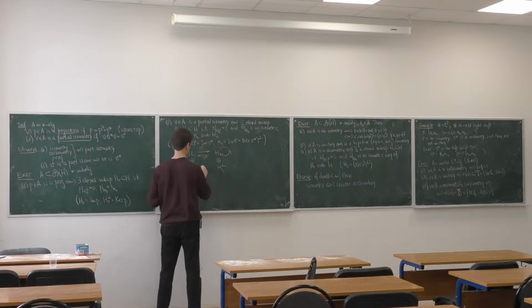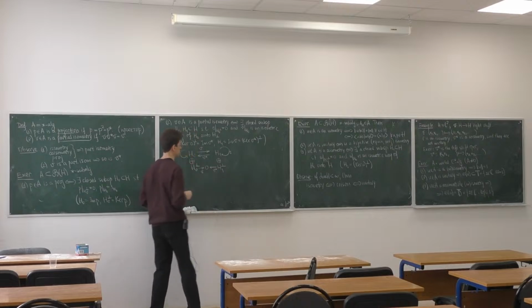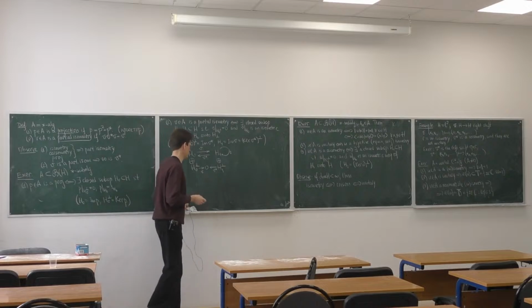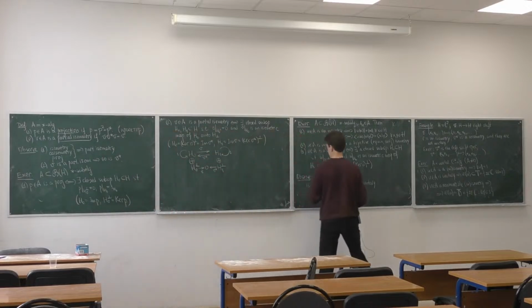And if we restrict them to the orthogonal complement, then they act as zero maps. So this picture represents the geometric picture which explains how a partial isometry acts.